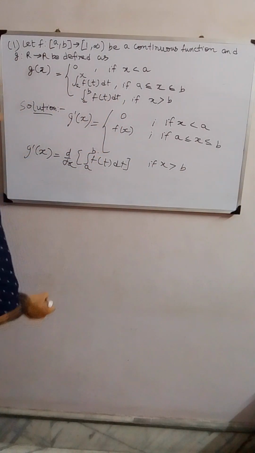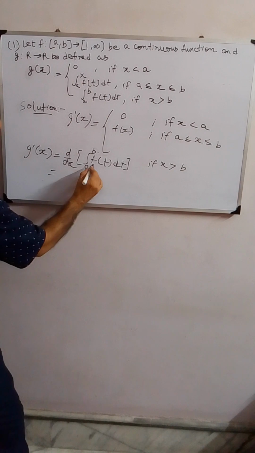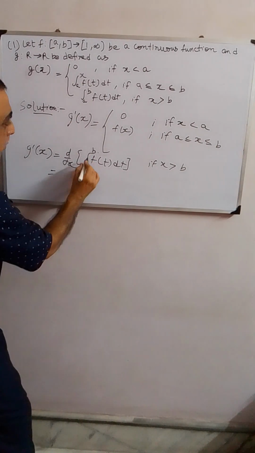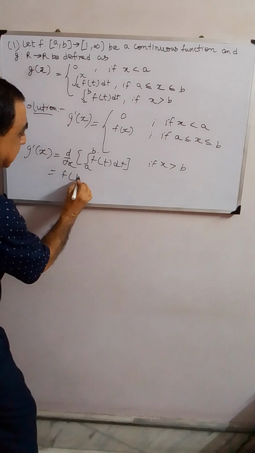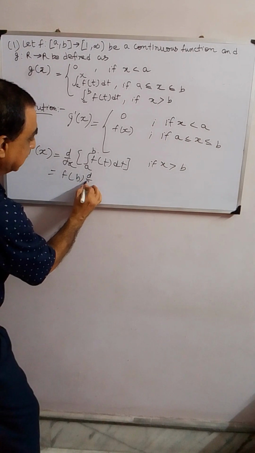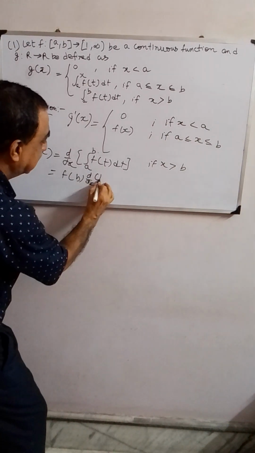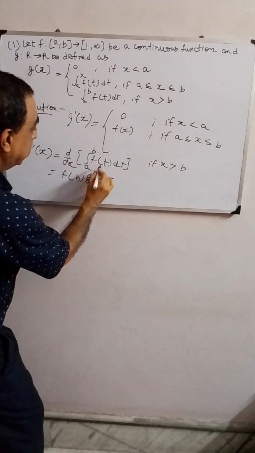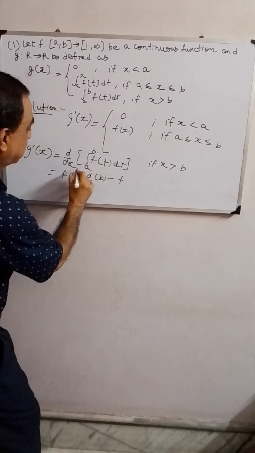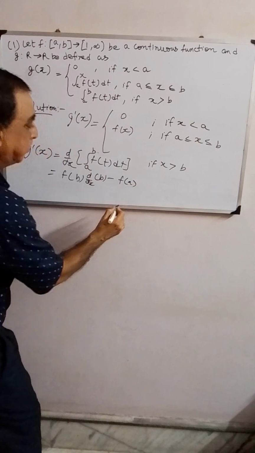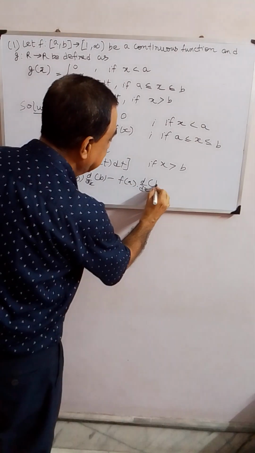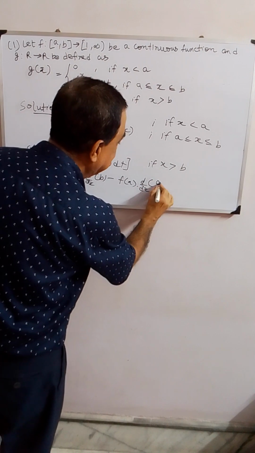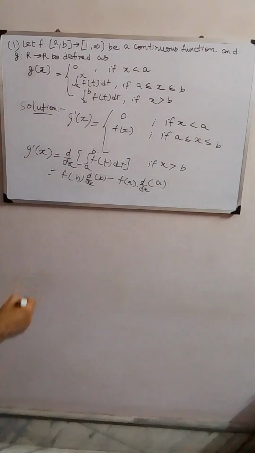So what is the d/dx of this? In place of t, first I will put the upper limit, so this will become f(b) into d/dx of the upper limit, that is b, minus here in place of t I will put a, that is f(a) into d/dx of a. So a and b are the constant terms.